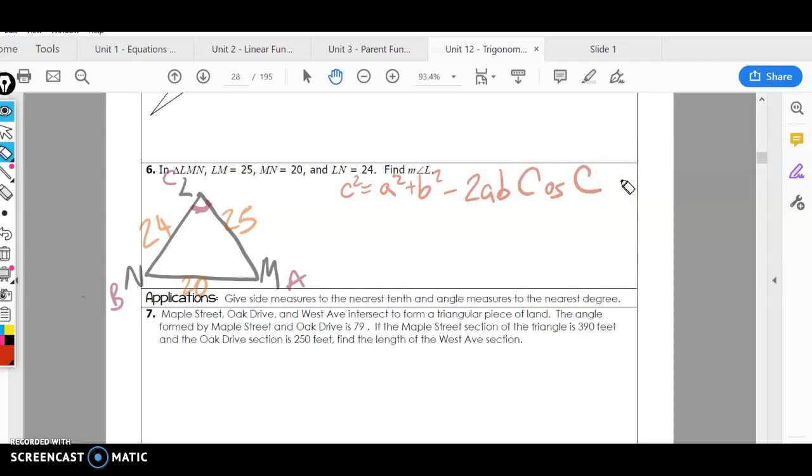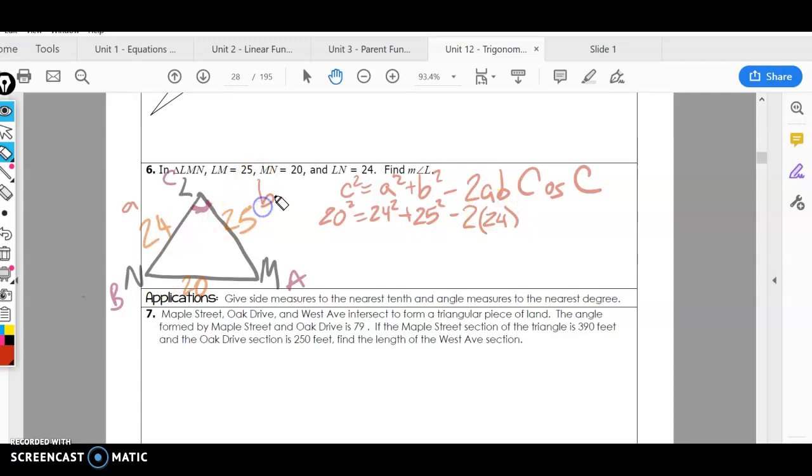Let's plug in everything that we know. We know C squared in this case. C is 20. 20 squared equals A squared. In this case, A is opposite angle A, so it's 24 squared. Plus B squared minus 2 parentheses times A. A is 24.